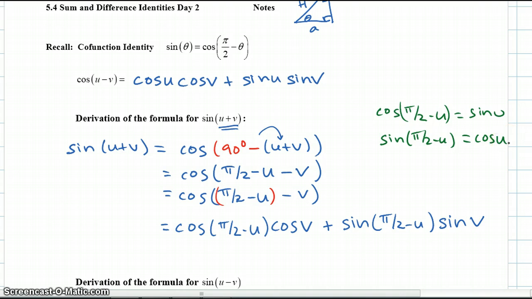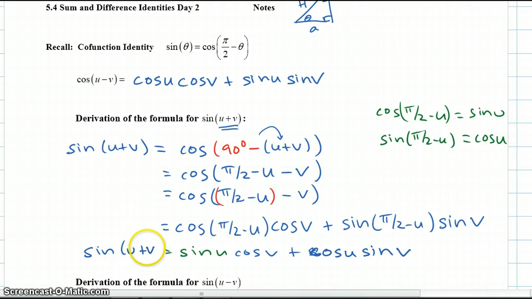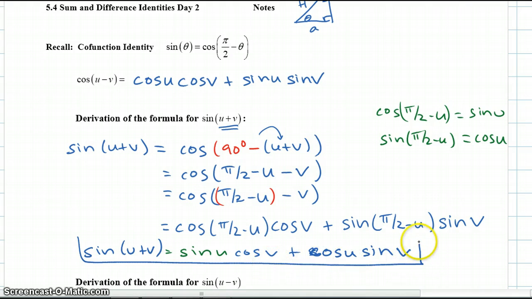So let's do some substitution, and we get the sine of u times the cosine of angle v, plus the cosine of u times the sine of v. So the sine of angle u plus v is equal to the sine of u times the cosine of v plus the cosine of u times the sine of v.